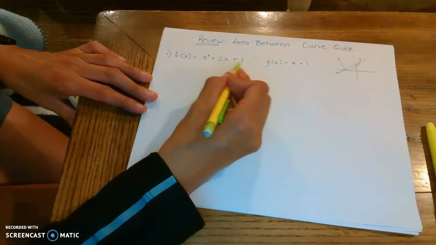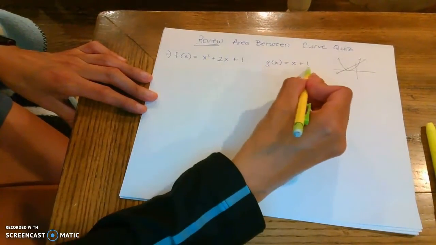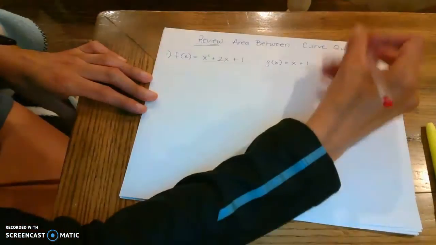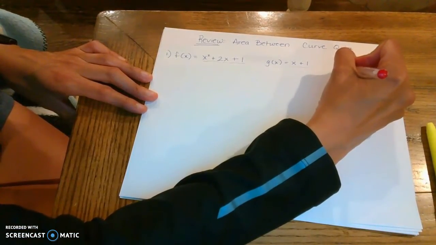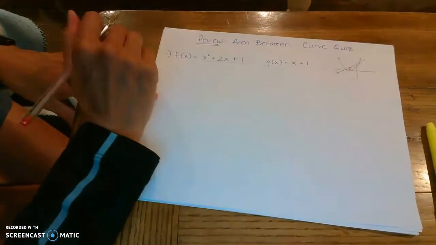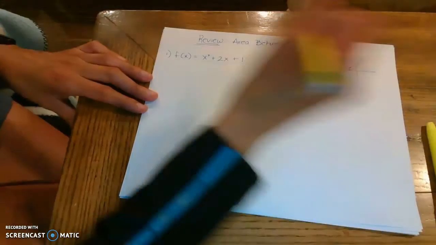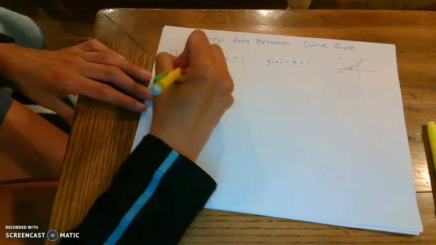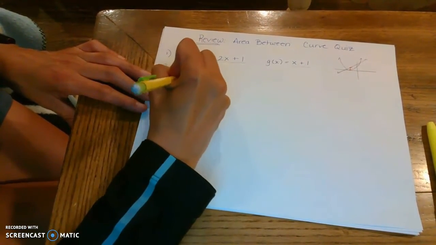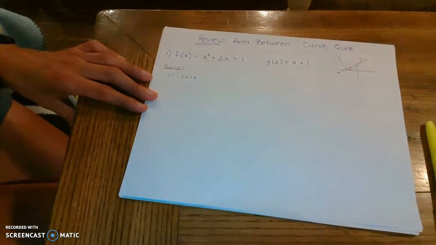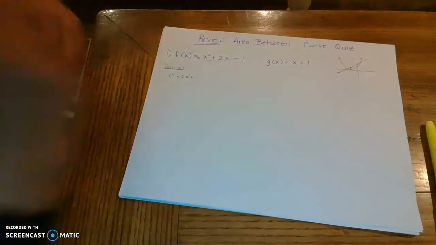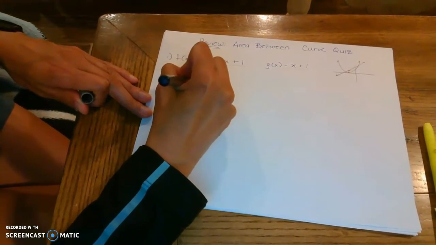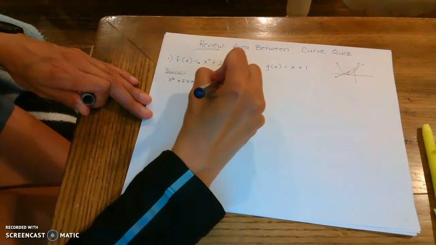Here, because everything is in terms of x, I'm assuming this vertical rectangle will probably be safe to use. And it will come true as soon as we go through and find the bounds. So now to find the bounds, you're looking for the point of intersection. So you're taking x squared plus 2x plus 1, and setting it equal to x plus 1.